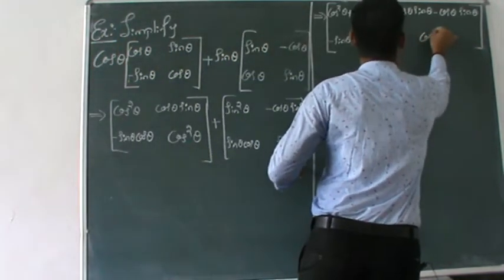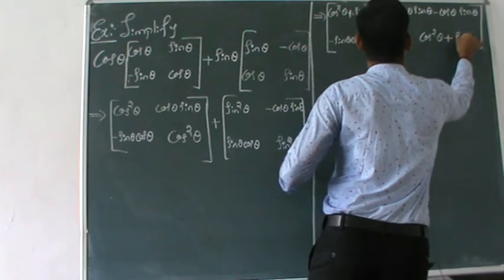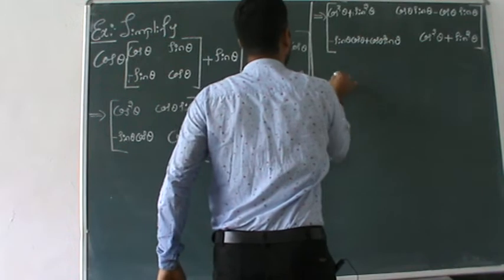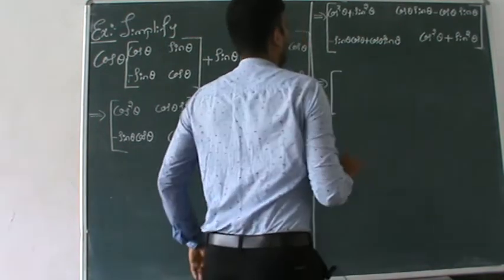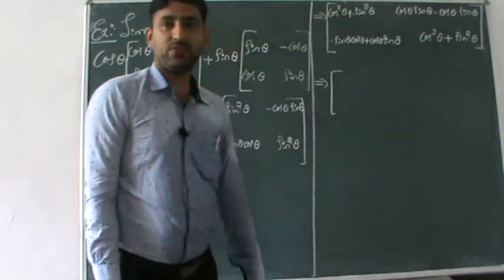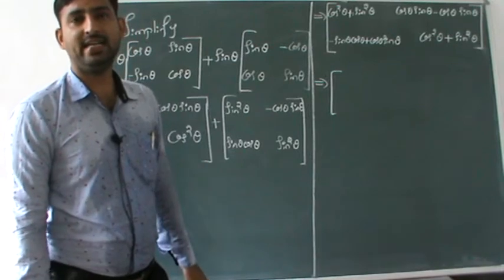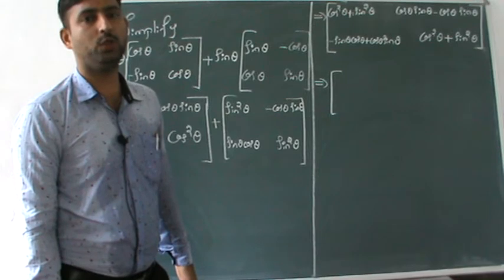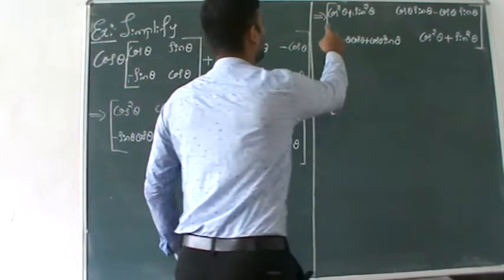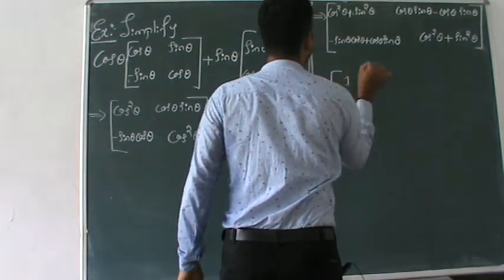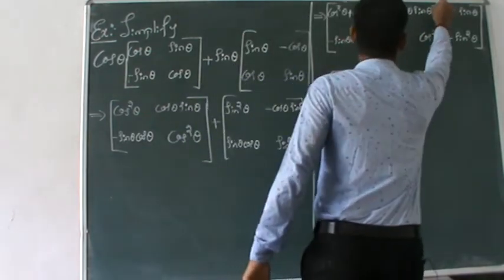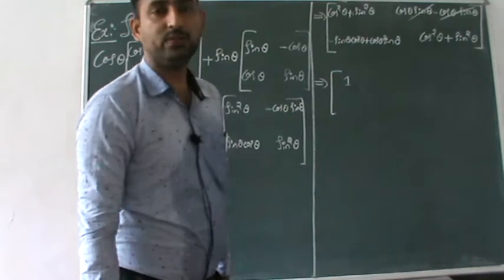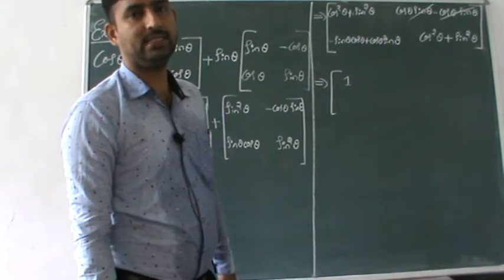Correct? Cos square theta plus sin square theta, which is equal to what? 1. Therefore, cos square theta plus sin square theta is nothing but the identity 1. Cos theta sin theta cancels with minus cos theta sin theta because they have opposite signs. One is plus, another is minus.